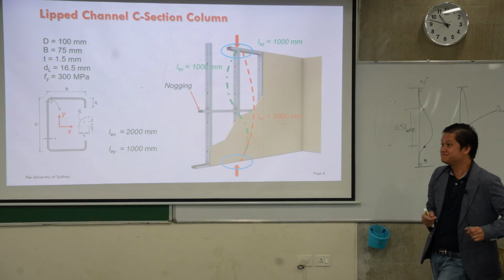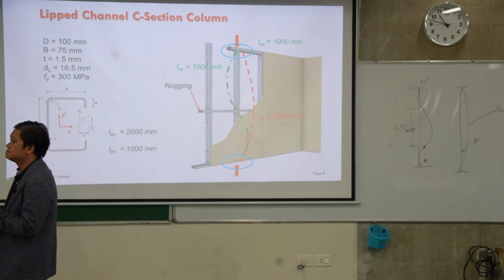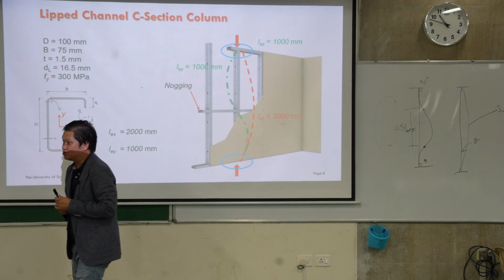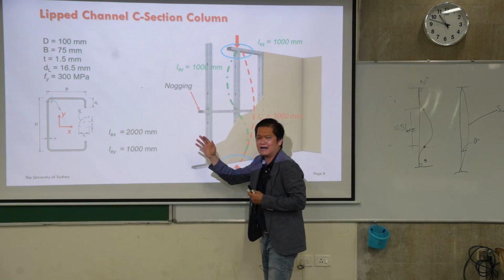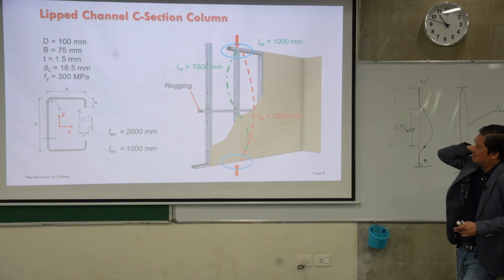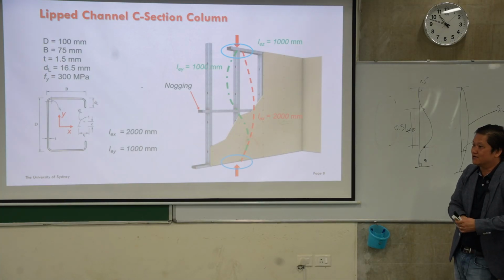I have one question. The knocking, are you attaching it with the web or are you also attaching the flange? It depends on the company and how they want to do it. I don't have the detail here, but I understand they cut a slot or something and have some particular detail for that.